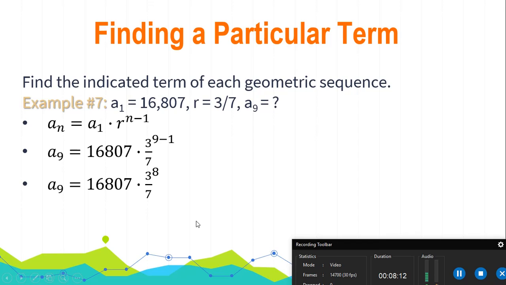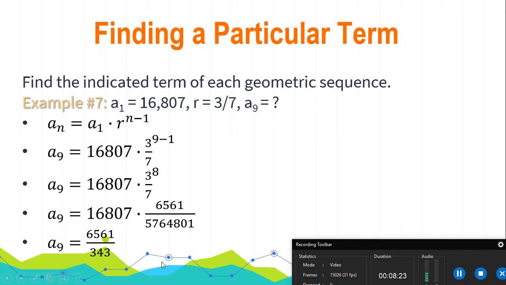All right, 3/7 raised to the 8th power. Make sure you put that entire fraction in parentheses. It is fractional, and then I'm going to multiply it for my final answer, which is also fractional. You can leave it in simplest form. Don't try to make it a decimal.